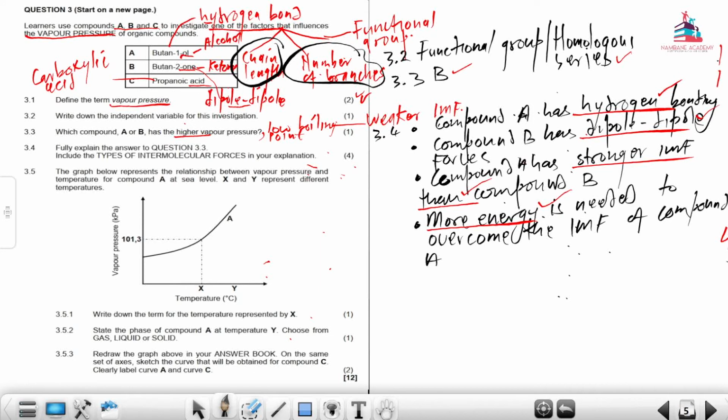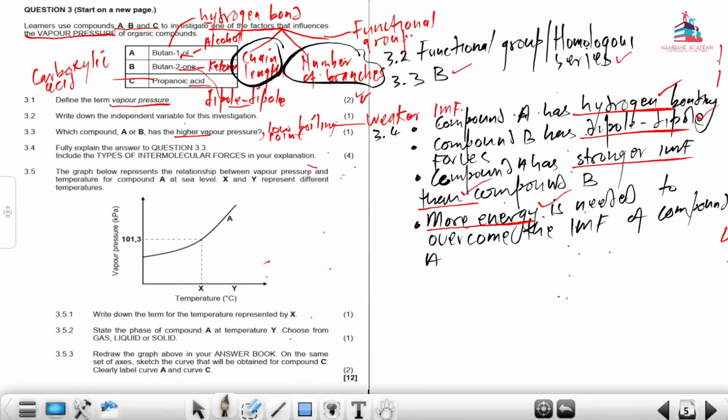The fact that I was able to see that the only thing that is changing here is the functional group allows me to give correct explanations. So at 3.5, the graph below represents the relationship between vapor pressure and the temperature for a compound A at sea level. X and Y represent different temperatures.